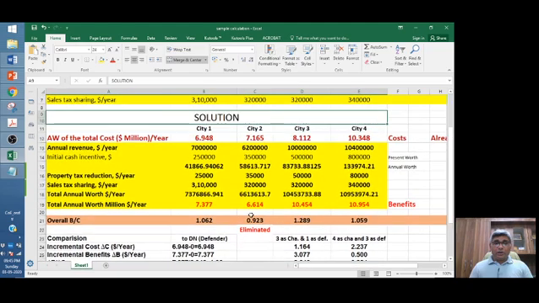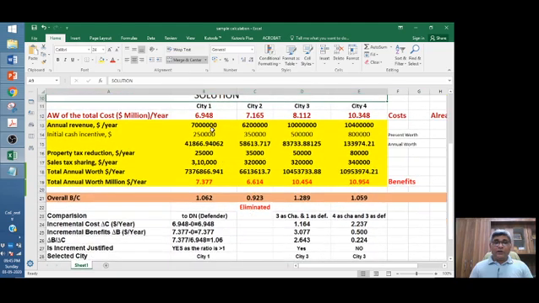Now we are left with the choice among the 3 cities, that is city 1, 3 and 4. Now how do we make a decision regarding which city will be preferred after eliminating city 2 on the basis of overall B by C ratio? Now what we will do is compare.